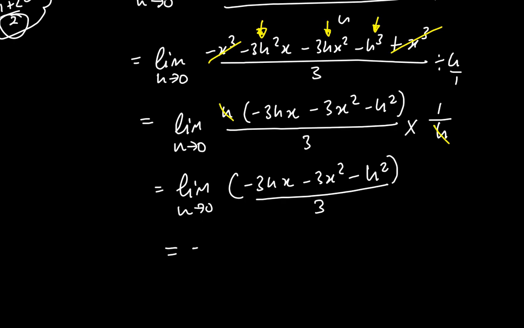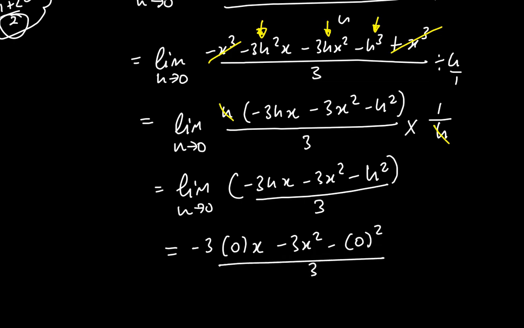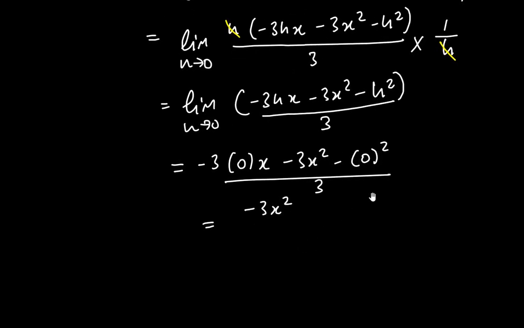So we have negative 3 into 0x, then minus 3x squared minus 0 all squared, all divided by 3. Okay, so now this part would be 0, then we are left with negative 3x squared, then this part is also 0, right? This one is gonna give us 0, so we are left with this all over 3, right?